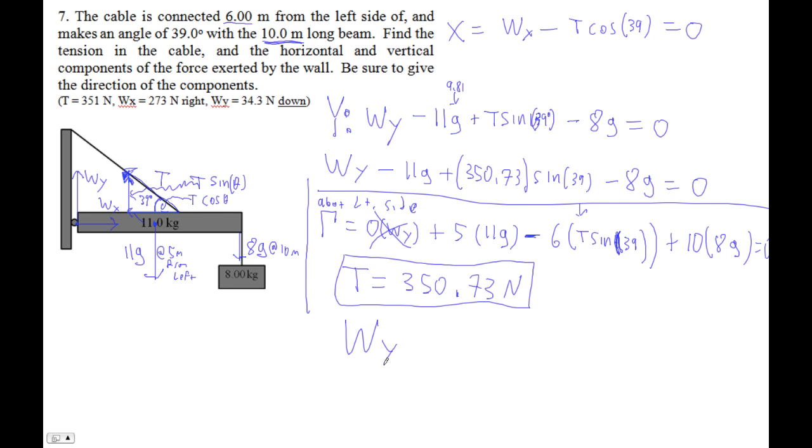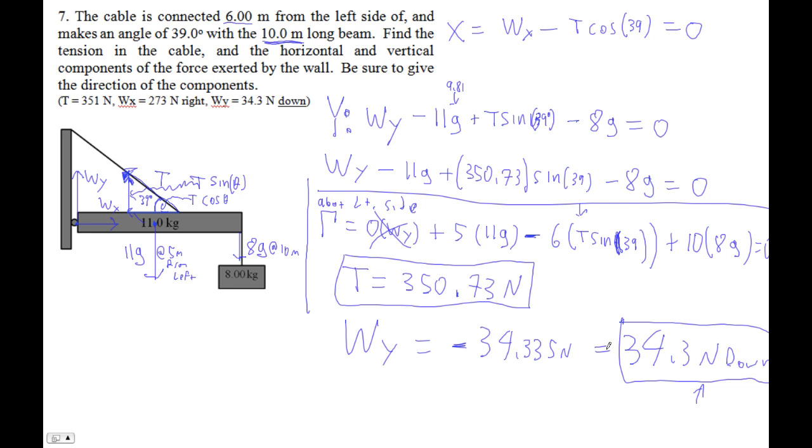So wall in the y direction is minus 34.335. So it's 34.3 newtons down. You need to be able to say it like that. Okay, I'm not sure I'm going to be giving full credit for just a minus sign, but maybe I will. Maybe I'll be so overjoyed if you can just solve one of these problems, right?